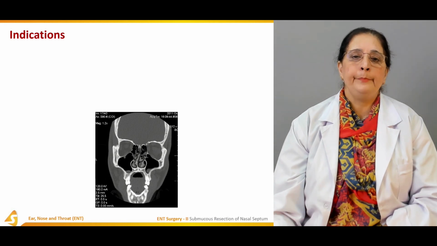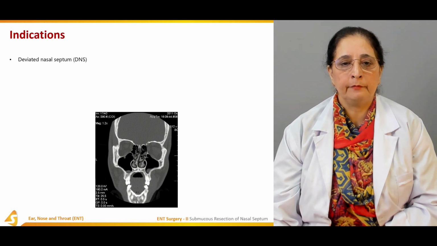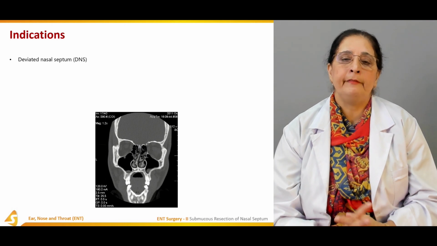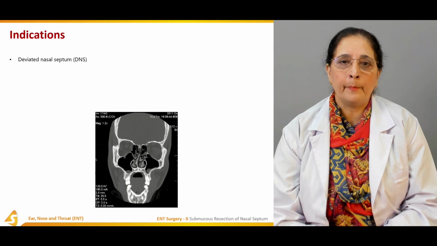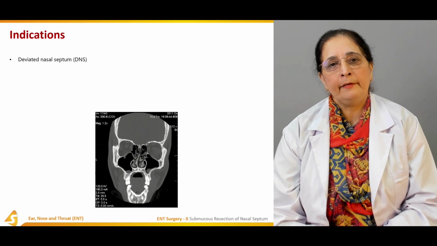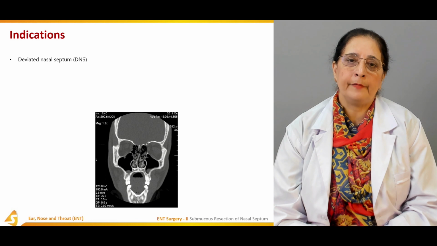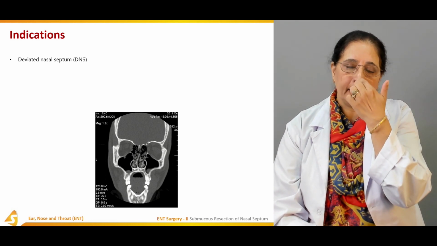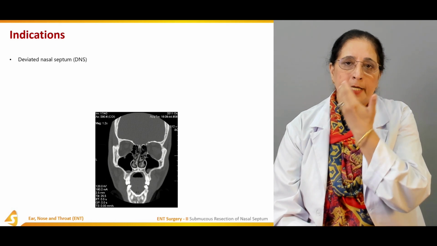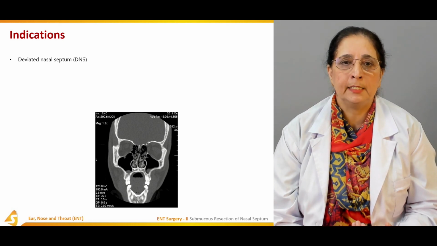Indications for submucosal resection: we have DNS, deviated nasal septum, a very important and common indication, and deviated nasal septum itself is a common condition. The septum is the partition between the two sides of the nasal cavities.